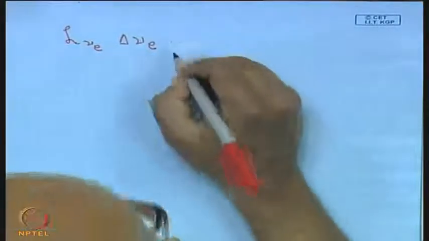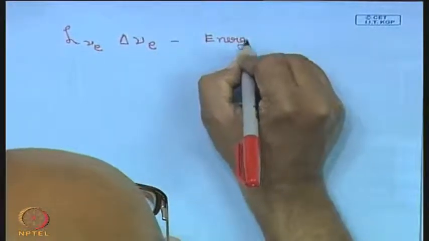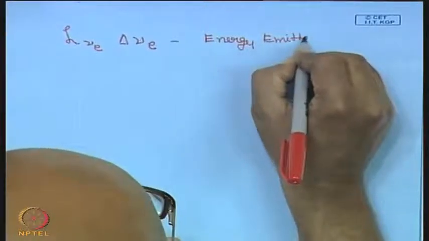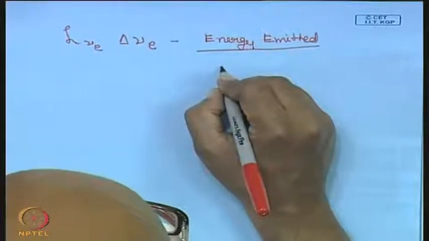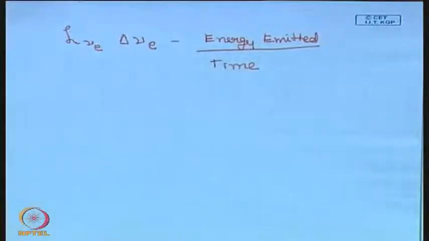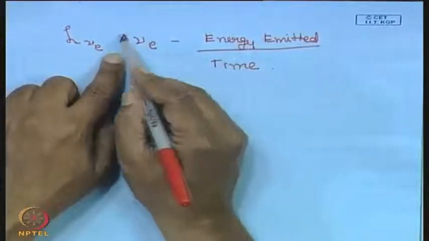This is the energy emitted in the frequency interval, per time. So, this L nu is the energy emitted per unit time in the frequency interval delta nu e basically.